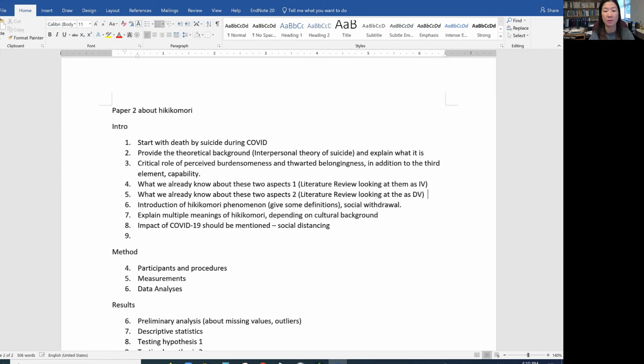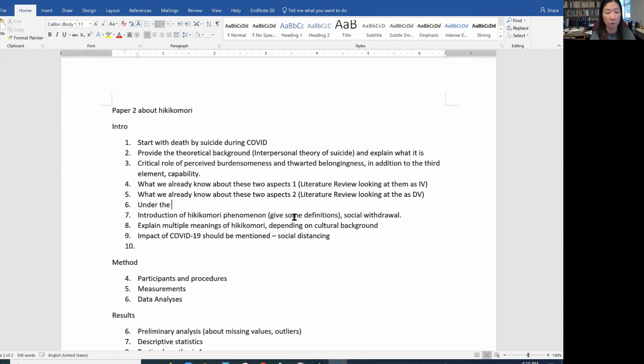Then here comes, under the COVID-19 pandemic, one important factor: social distancing. There are already hundreds of studies that use, for example, loneliness or isolation.